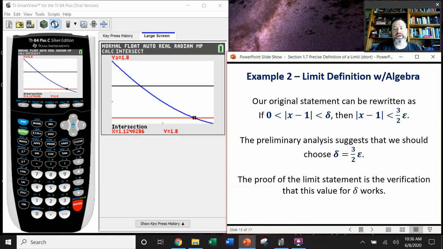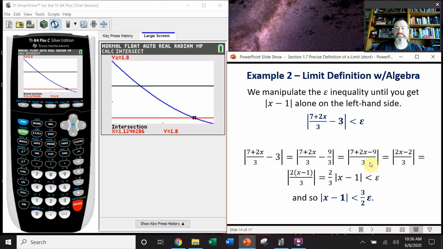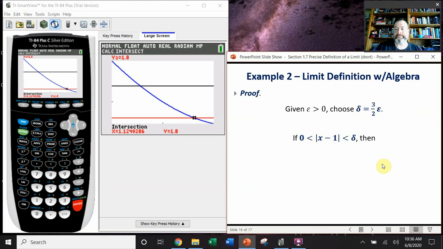Once we've done the preliminary analysis, you move forward with the proof and you say, if epsilon is a number, we choose delta to be 3/2 of epsilon. And it always works.